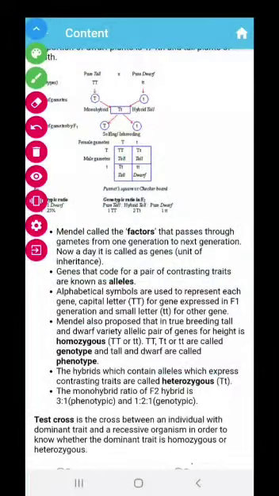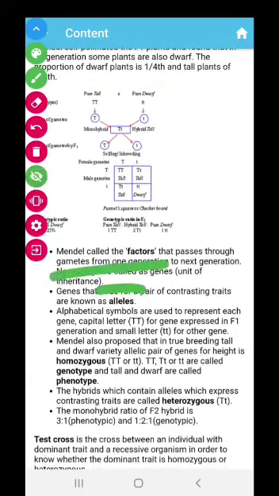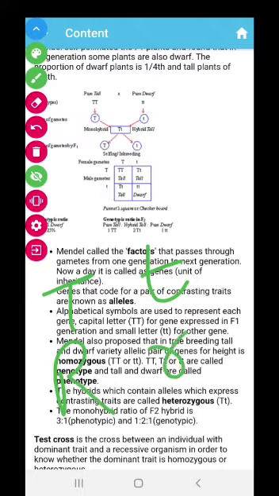If I talk about height, height has two alleles, one known as capital T and the other known as small t. In the same manner, for the color gene, if one flower is red, another flower will be white, and white color will be represented by small r. So these are alleles.